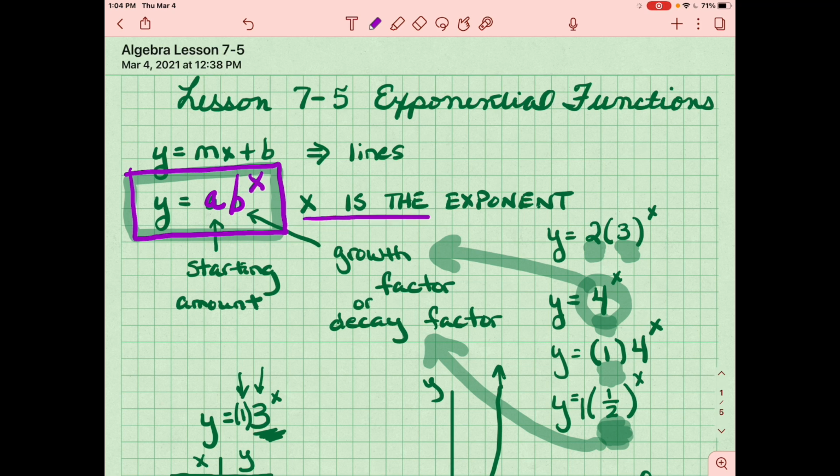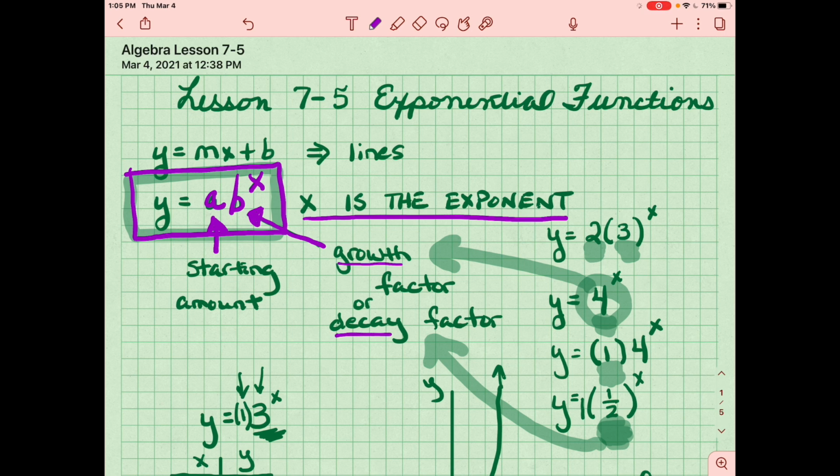X is the exponent, and a is the starting amount, b is the growth factor. How is it growing? Is it growing a lot? The bigger this growth factor gets, the faster it's growing. Or is the growth factor actually a fraction? If the growth factor is a fraction, it is decaying.